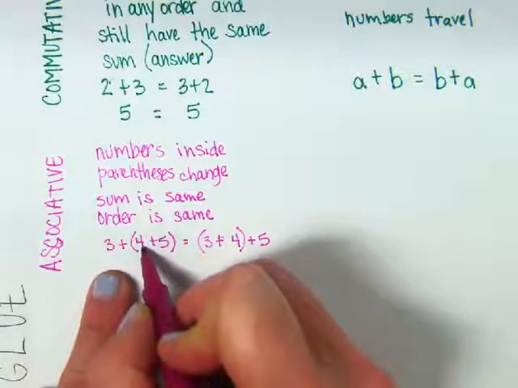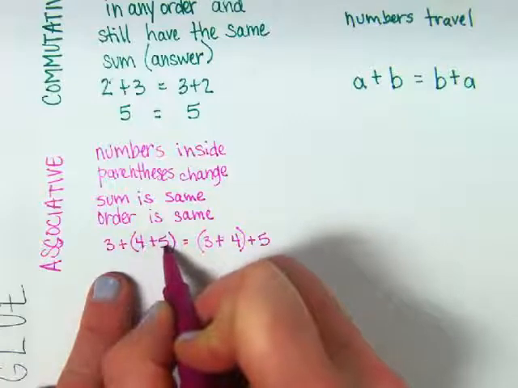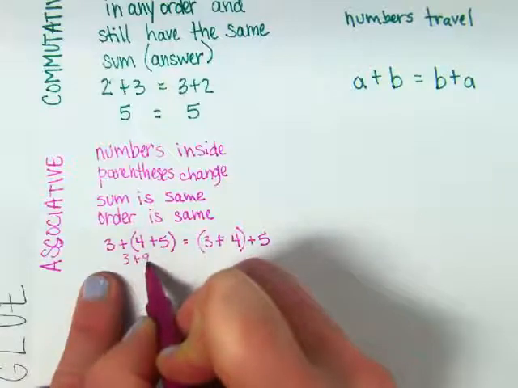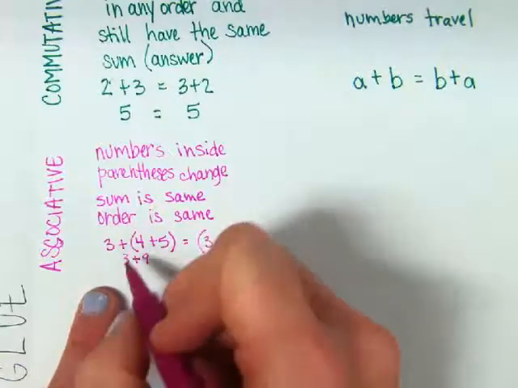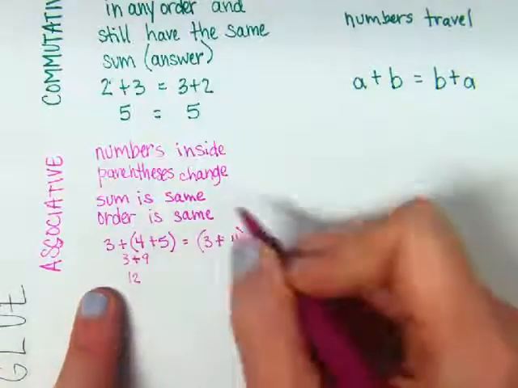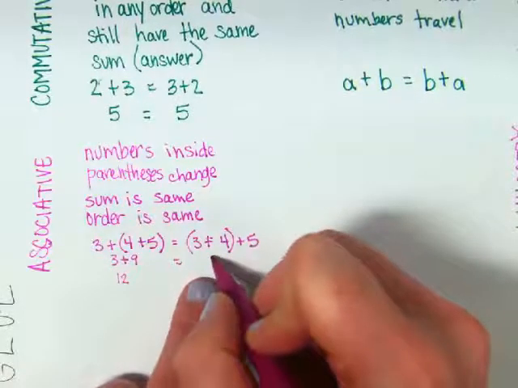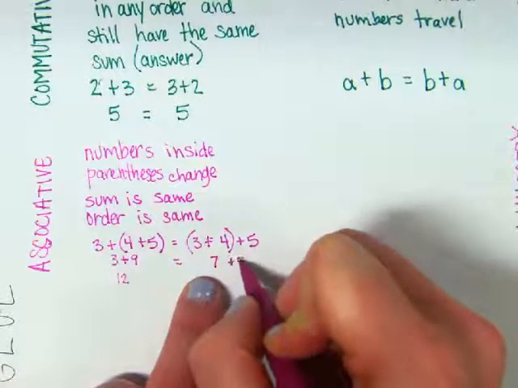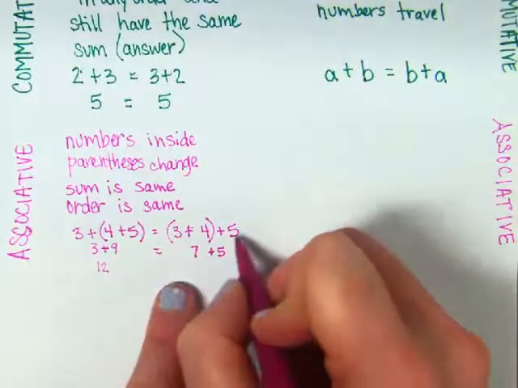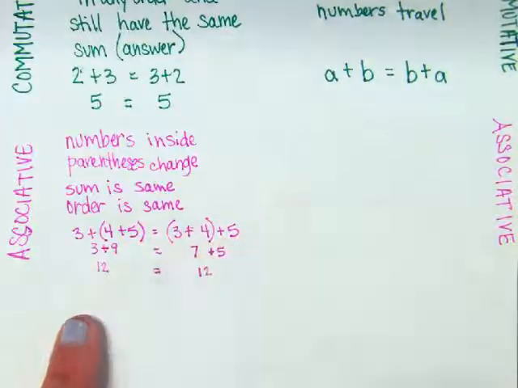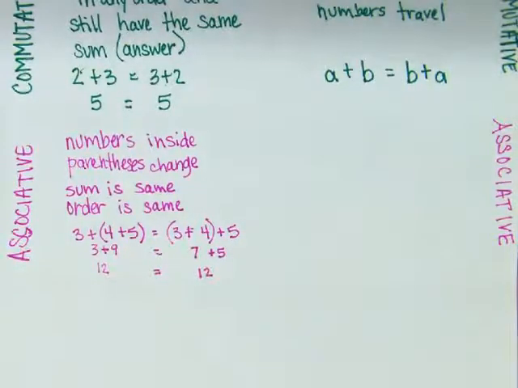Now, following the order of operations, I would say on this side 3 plus 9 here, because parentheses comes before just plain addition, and I would get 12 there. On this side, I would say these two are in parentheses, so I would put 7 there, plus the 5 that's outside the parentheses, and I get 12. So we're fair and balanced.